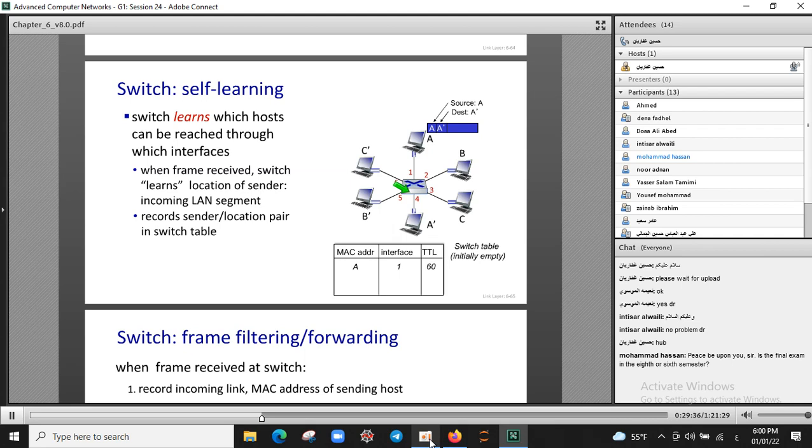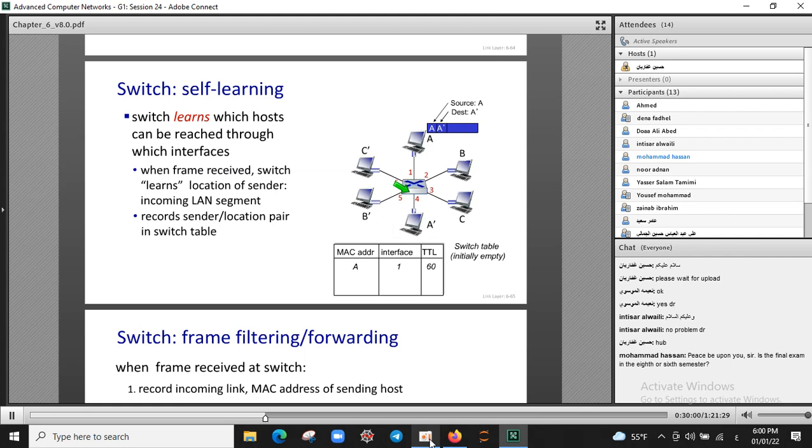We call this mechanism self-learning. After a while, different hosts send packets over this network, and the switch can learn about all of those devices inside the network, especially because we talked about the DHCP protocol.